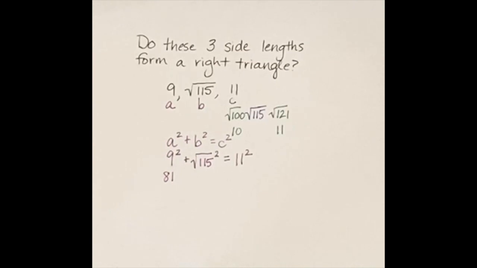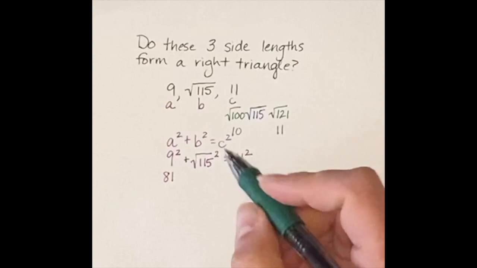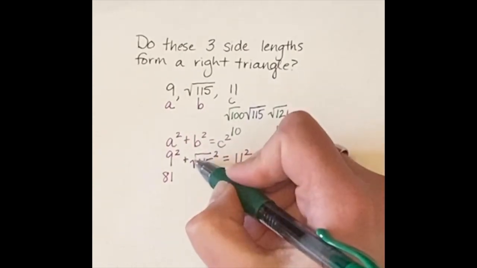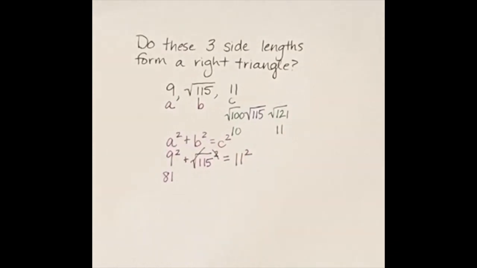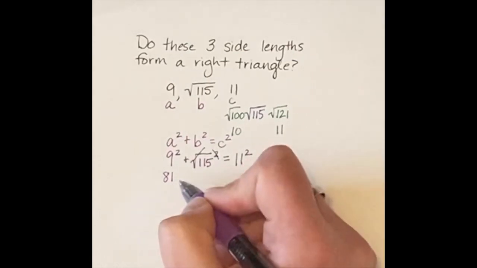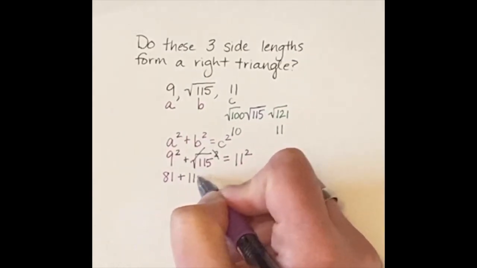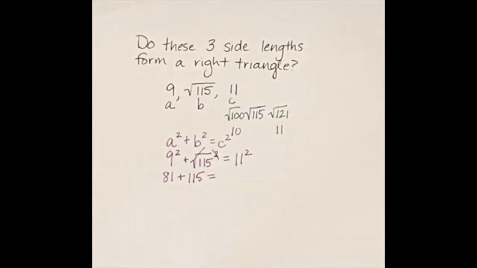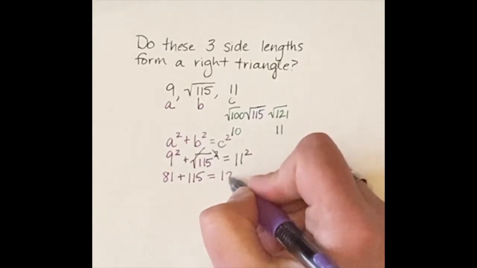Radical 115 times radical 115: remember, taking the square root and squaring something are inverse operations, so those cancel out. So radical 115 times radical 115 is just 115. And I know that 11 times 11 is 121.